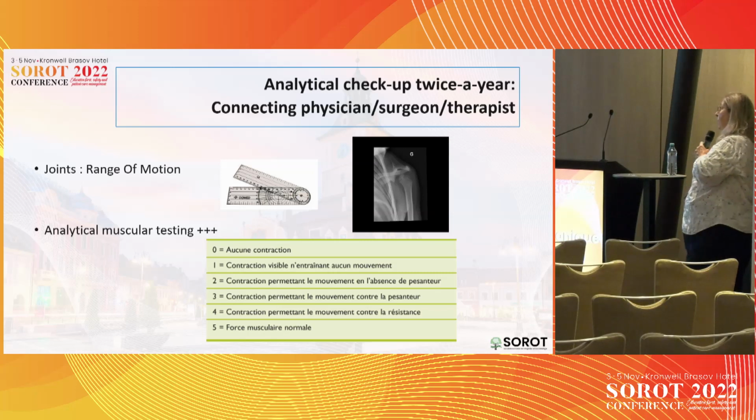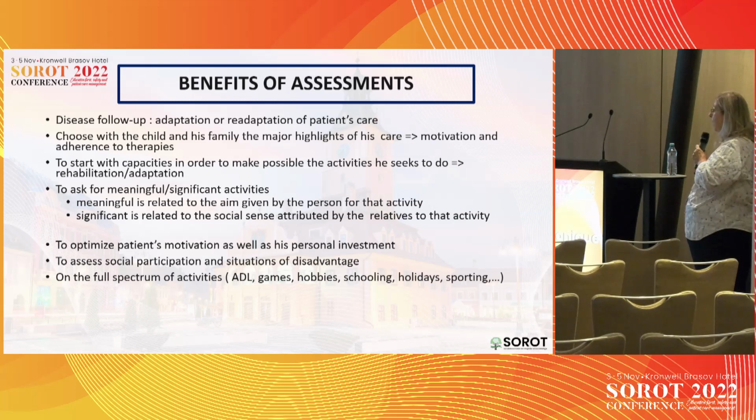So we recommend an analytical checkup twice a year, connecting every person: physician, surgeon, and therapist. We have to take carefully the range of motion of every joint, not forget the tiptoes, not forget analytical muscular testing. Why this assessment?